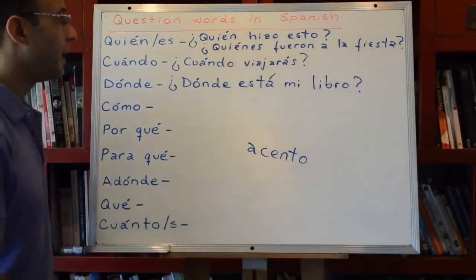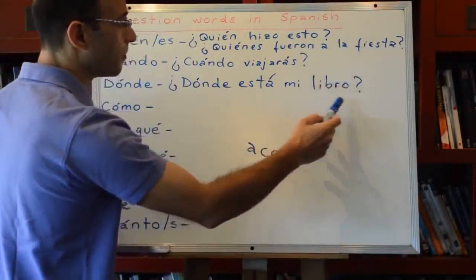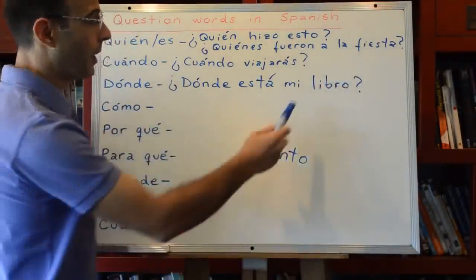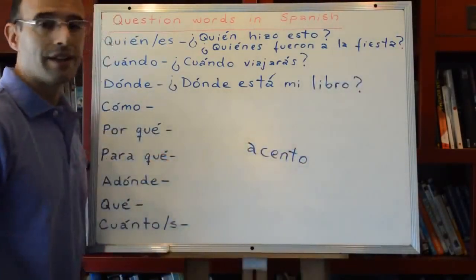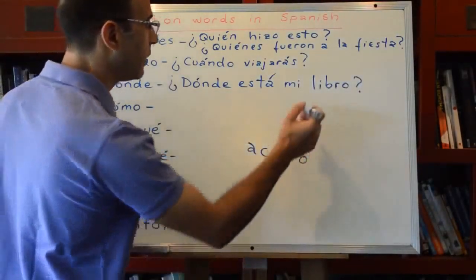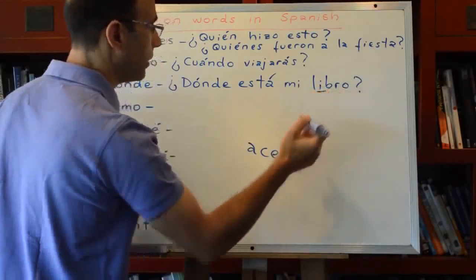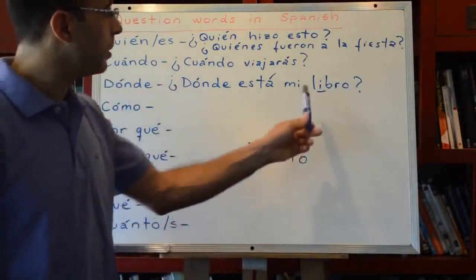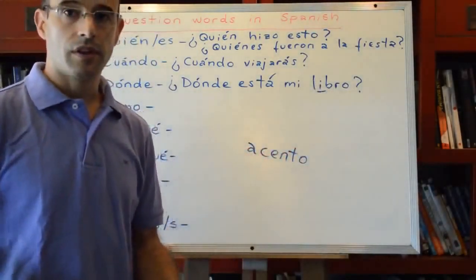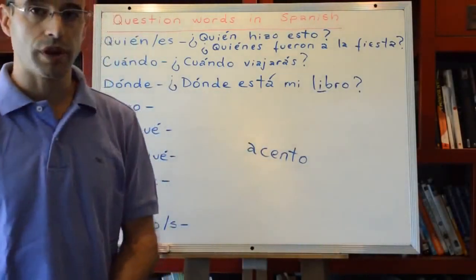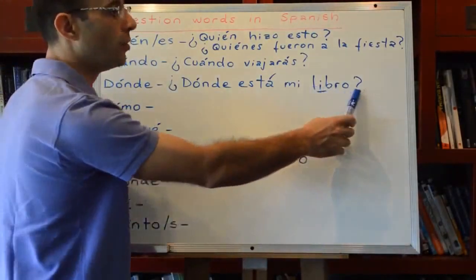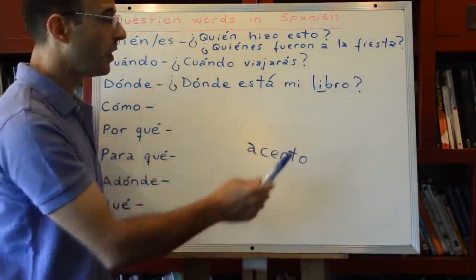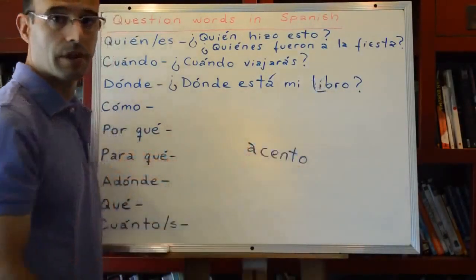For example, libro has no tilde in Spanish. However, the acento, the accent, is here on the I, because this is the vowel that carries the tone stress, right? We do not say libró, we say libro. The stress is on letter I, right?